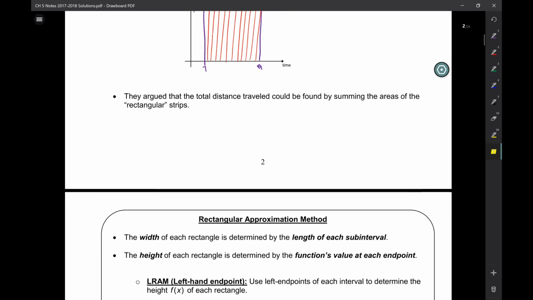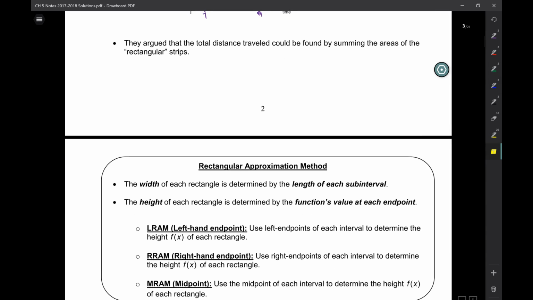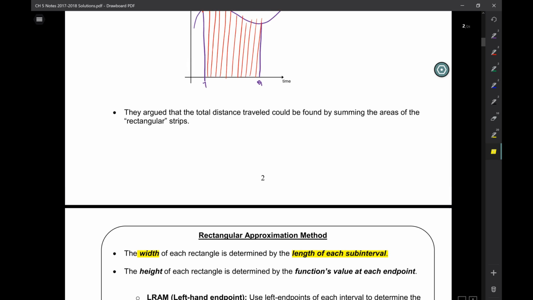So now take a look. The width of each rectangle is the length of each subinterval. So this is the width. Now, the height is the function's value at each endpoint.